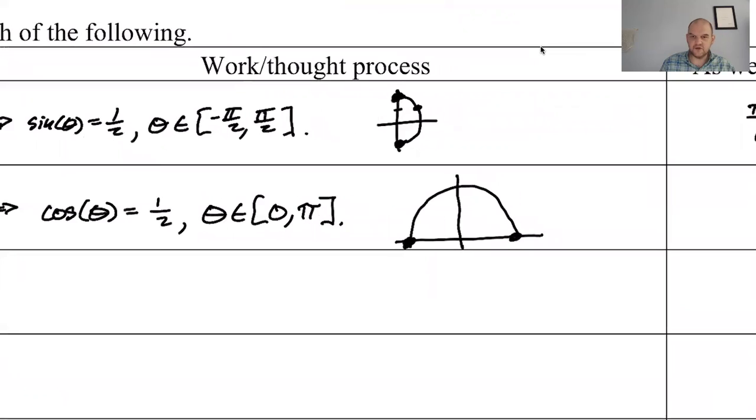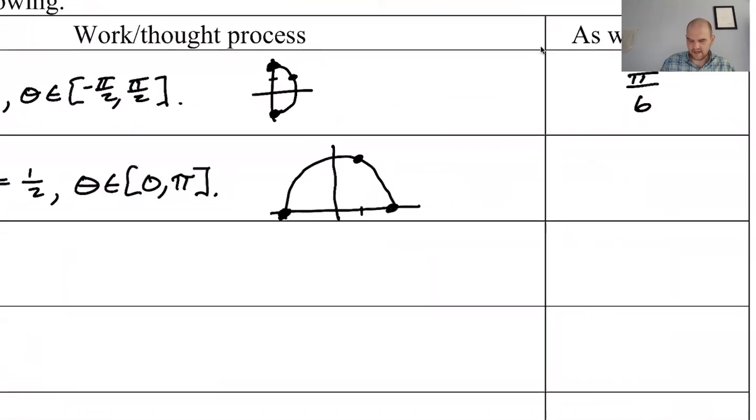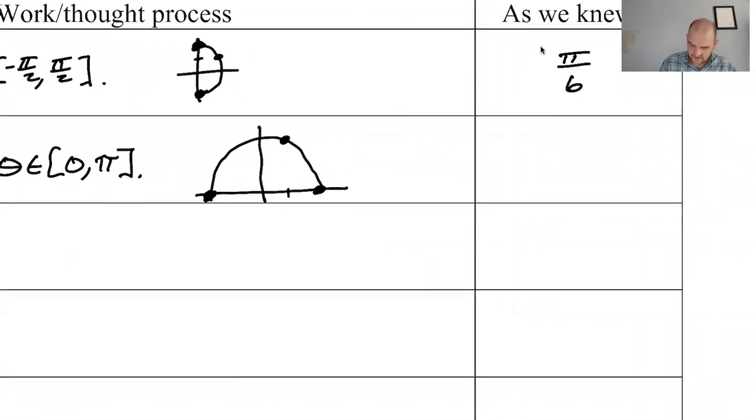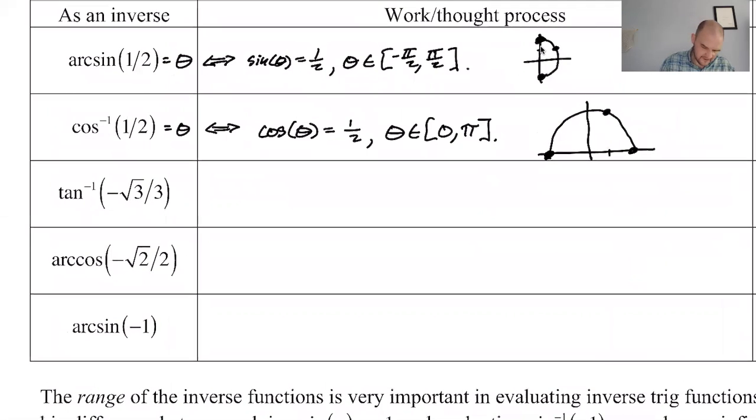And then depending on how your mental geometry is, you can kind of geometrically work it out. That must be pi/3. That feels like where it should be. And it is pi/3. We have that memorized, but also we can do it geometrically, thinking of the unit circle and distances, or you can think cosine equals 1/2, that means you're either in quadrant 1 or 4, but you can't be in quadrant 4 because this is arc cosine. So it's a lot going on, like a ton.